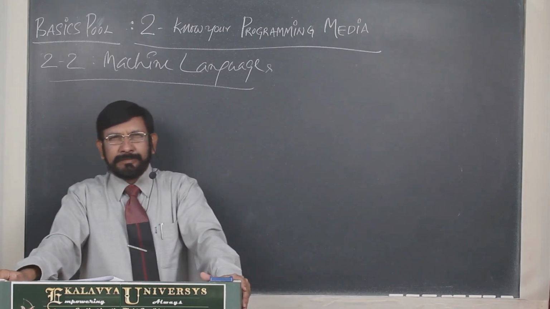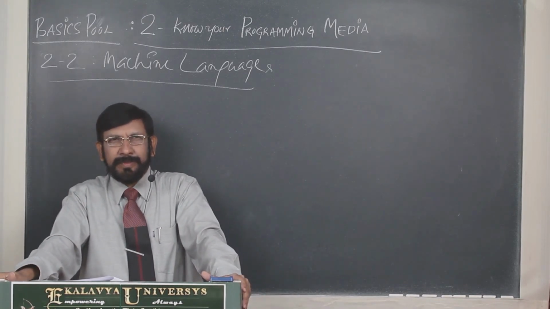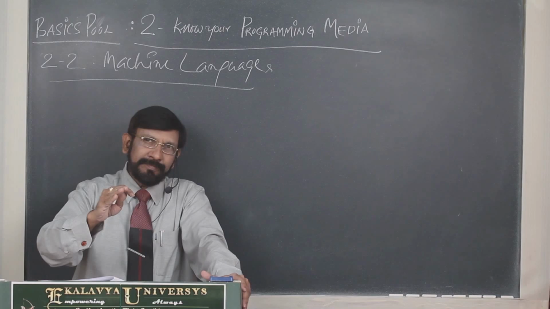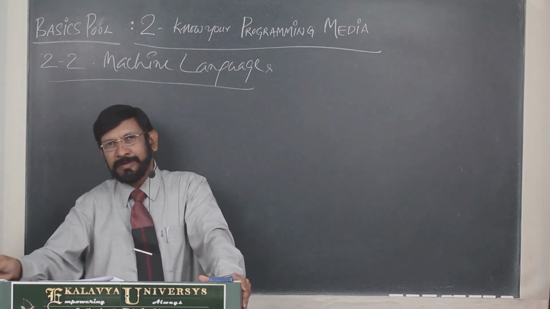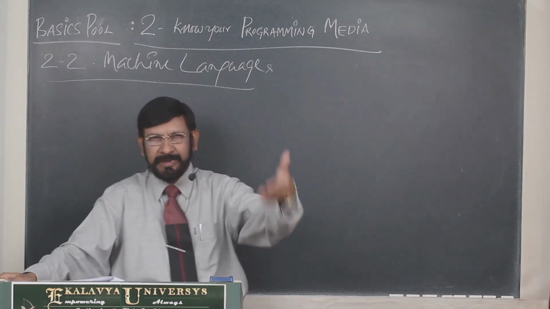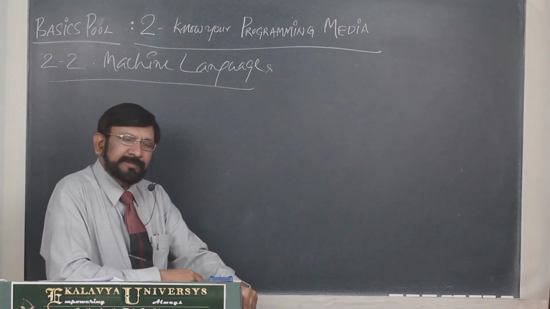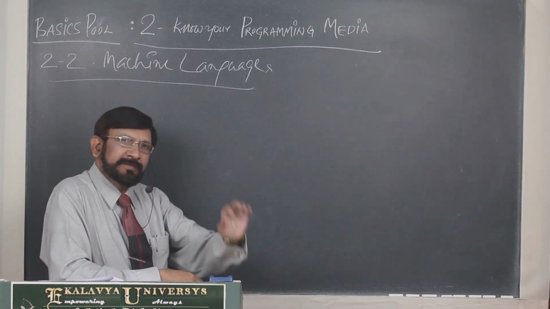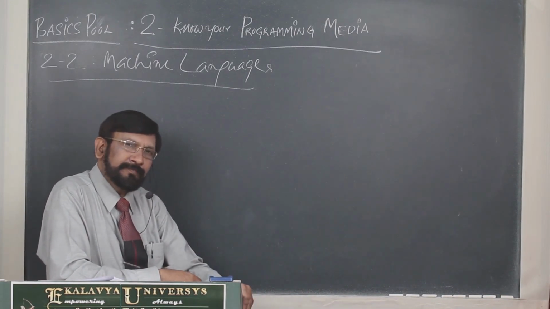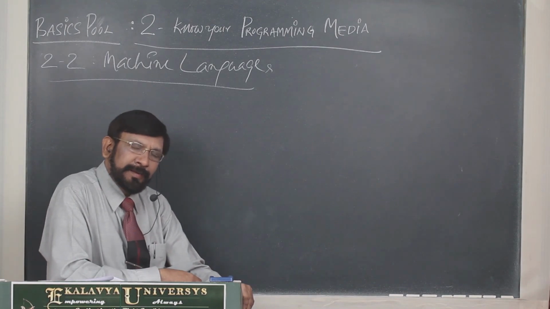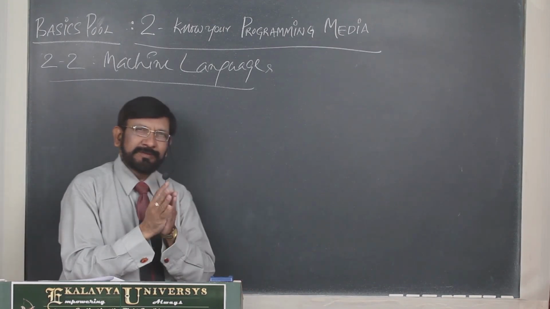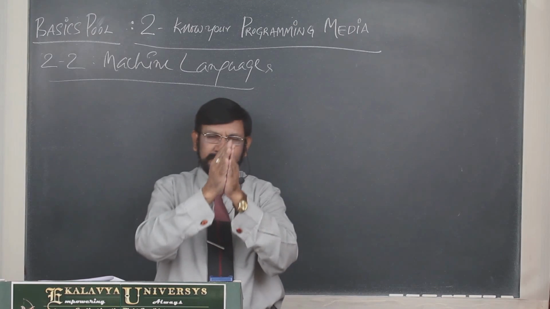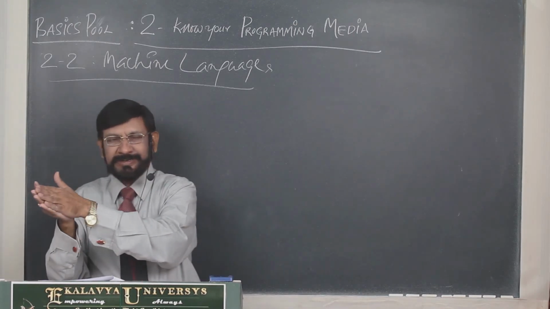Actually, machine language is machine friendly and it is not programmer friendly. The most basic language. In this, everything is developed in binary pattern. Binary pattern, that means actually there are two things. First one data, second one instruction.